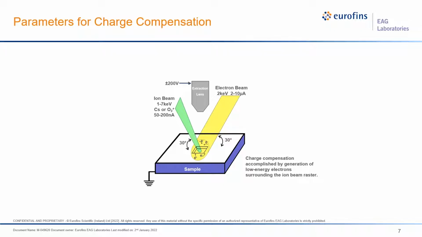For insulating materials, the analysis gets a little more complex in that the charge buildup on the sample doesn't allow us to extract the ions consistently into our detecting system.